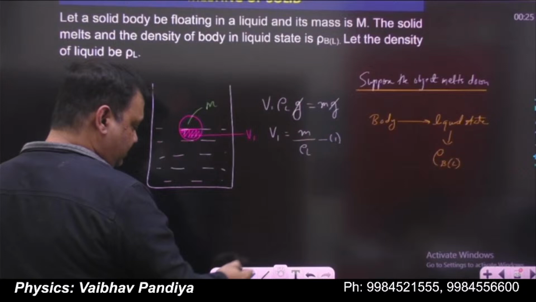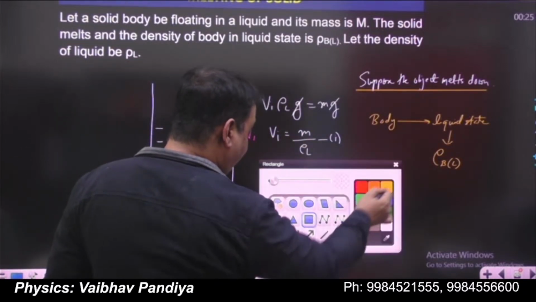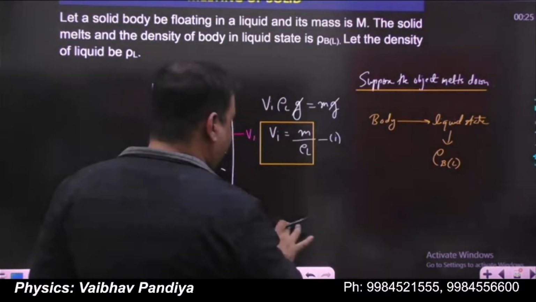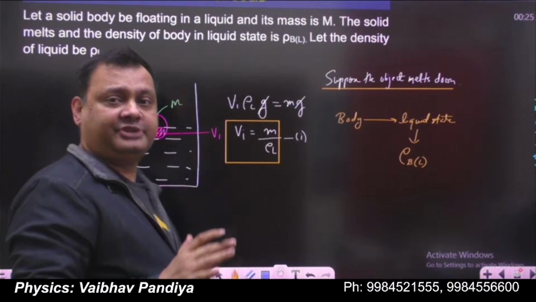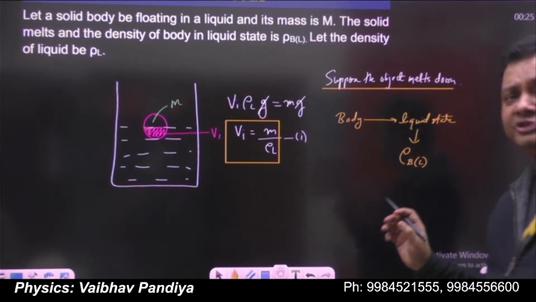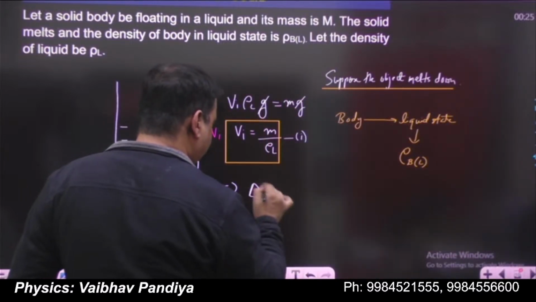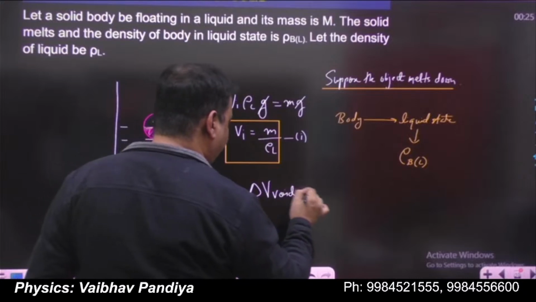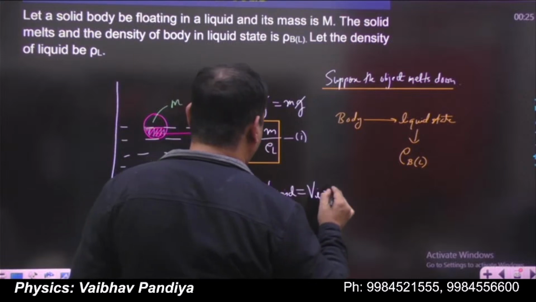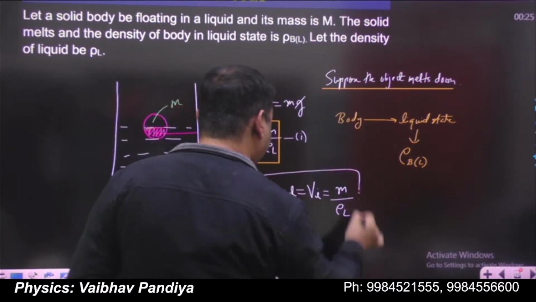Now let's see, this was the volume which was occupied by the object in the liquid. When the object melts down, what will happen? This much volume will get free. So we can say delta V void, the volume which is getting free, is the same as the volume occupied by this solid when it was floating. So it will be m by rho of liquid, correct? m by rho of liquid.